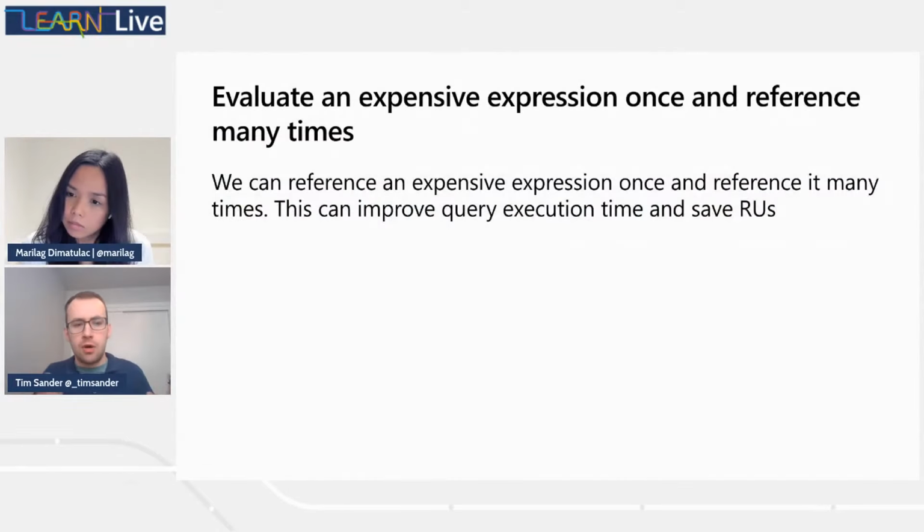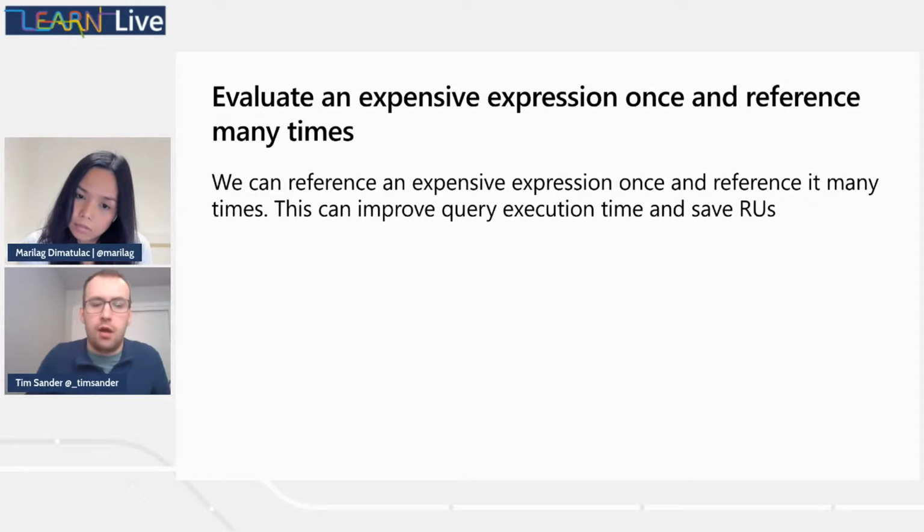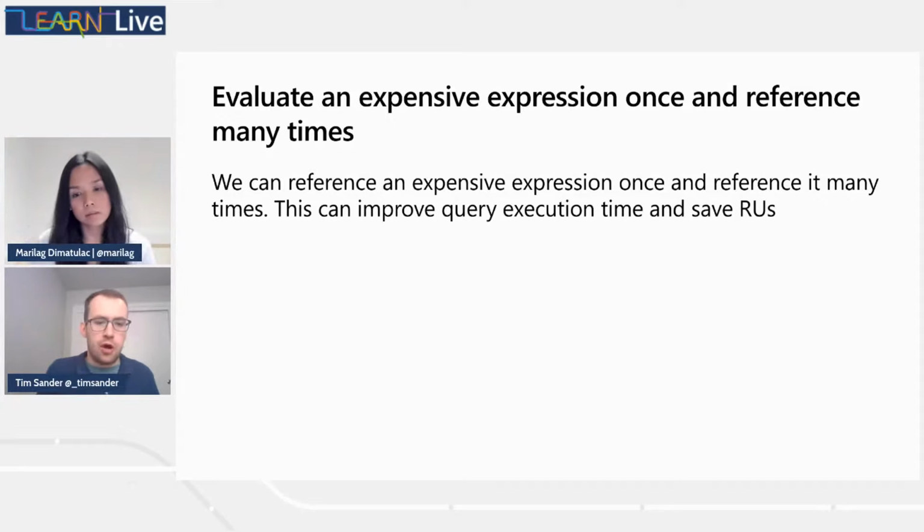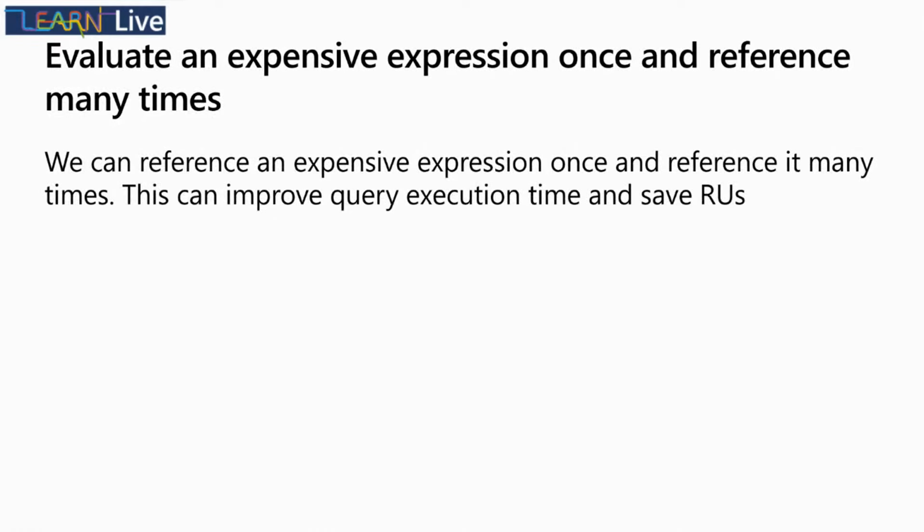Now, still thinking about optimization for subqueries, another reason you might want to use subqueries in Cosmos DB would be to evaluate an expensive expression once and then reference it many other times in the query. This is common if you're using UDFs in Cosmos DB, user-defined functions, and it's also common if you're using aggregate system functions in Cosmos DB, which can occasionally be inefficient and maybe not use the index as efficiently.